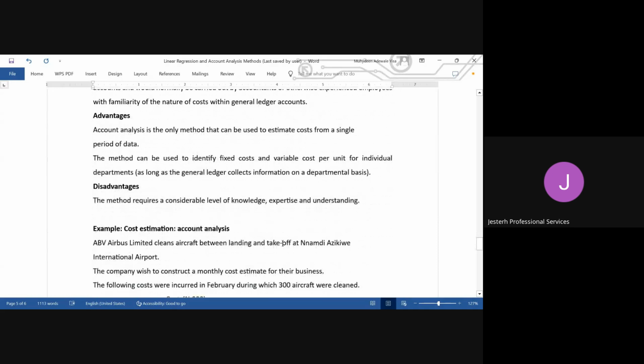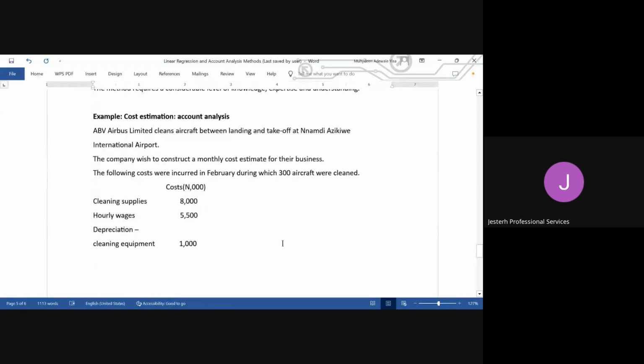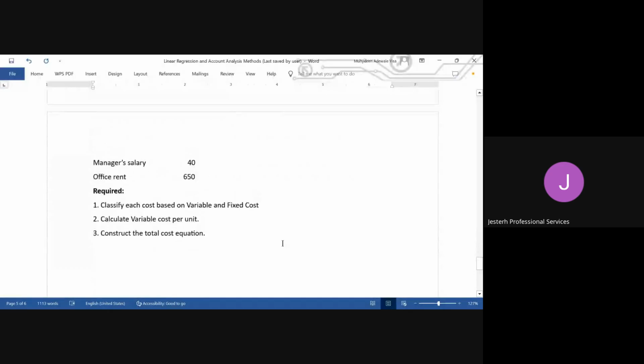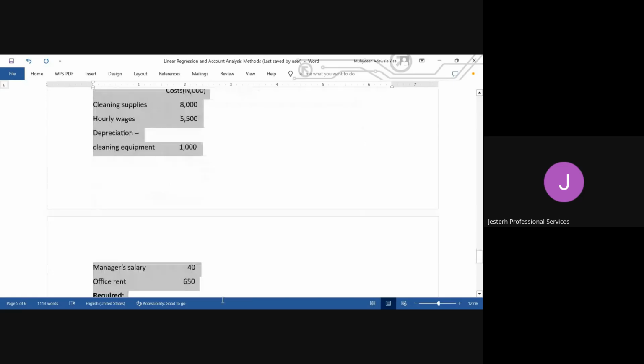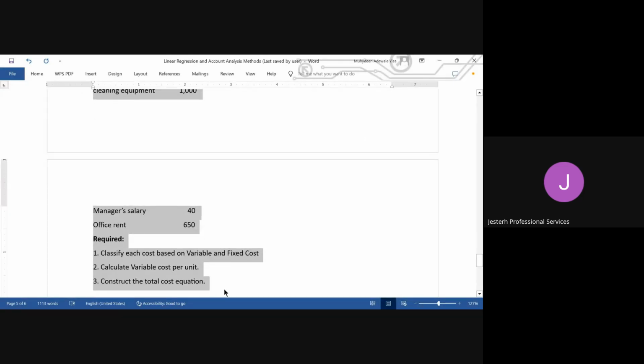I want us to read through these notes. So this is the question. Now I will try to break it down, do the calculation, and break it down for us, just in case we are given this kind of thing, and maybe we are expecting a regression formula, and then at the end they did not give us a regression formula.